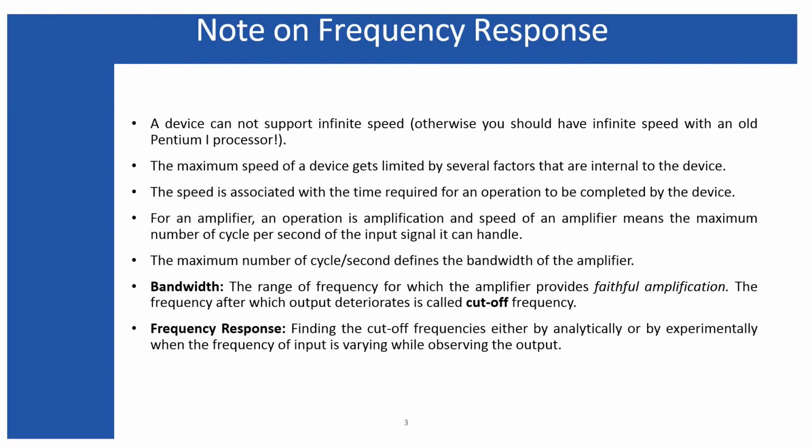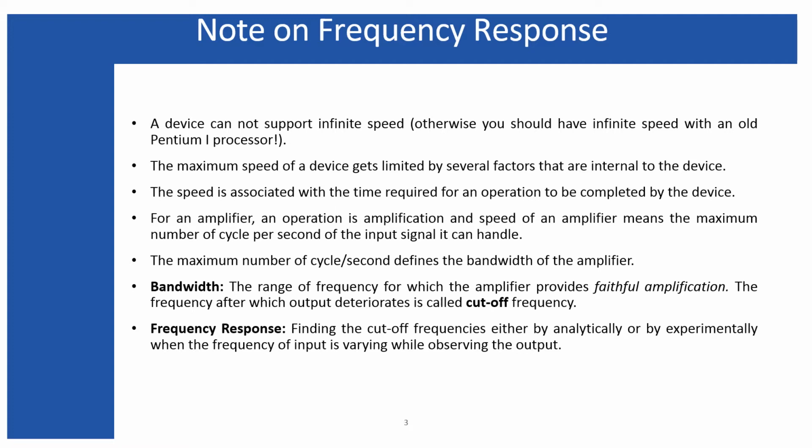That is the speed of that amplifier. That means when you are asking for the speed of an amplifier, you must mention the maximum number of cycles of the input signal for which the amplifier can amplify faithfully. That defines the speed of that particular amplifier.